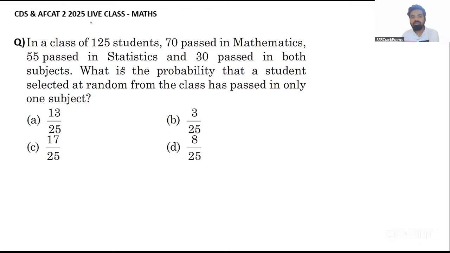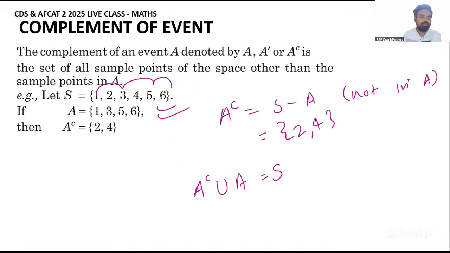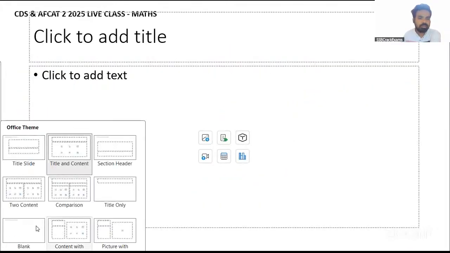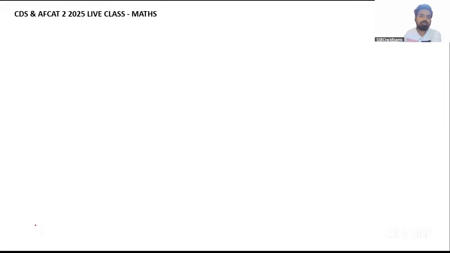There is a class of 125 students, 70 passed in mathematics, 55 passed in statistics, and 30 passed in both. Okay, so let me tell you some more formulas that I have put here. Suppose there are two sets A and B having some number of elements in them.